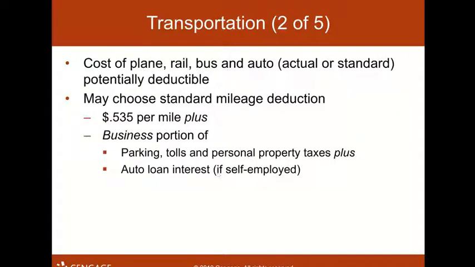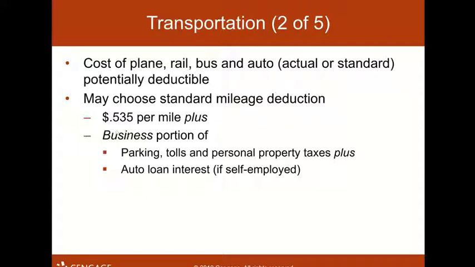Cost here of aeroplane, rail, bus and auto, actual or standard, potentially deductible. The taxpayer may choose between the actual method or the standard method for deducting the cost of automobile. So may choose a standard mileage deduction.